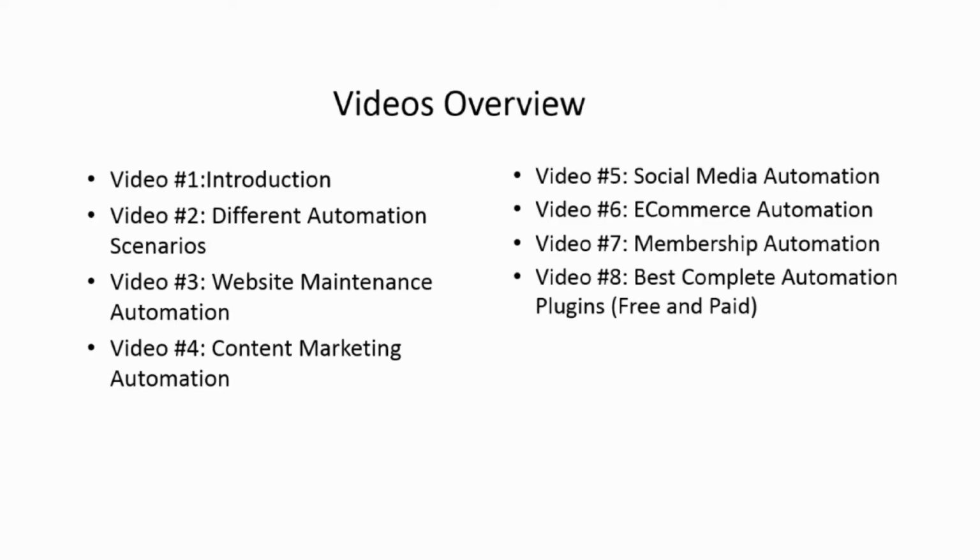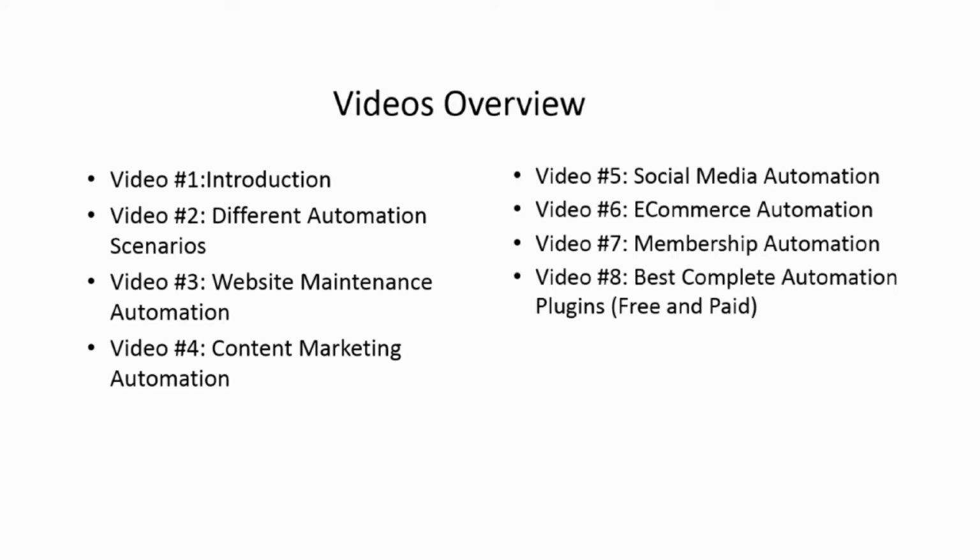So before we get started, I want to give you a quick overview of what's inside this video course so you know exactly what to expect, and then you can piece it all together at a faster rate. So obviously this is video number 1, and video number 2, which is the next video, we're going to talk about the different automation scenarios.